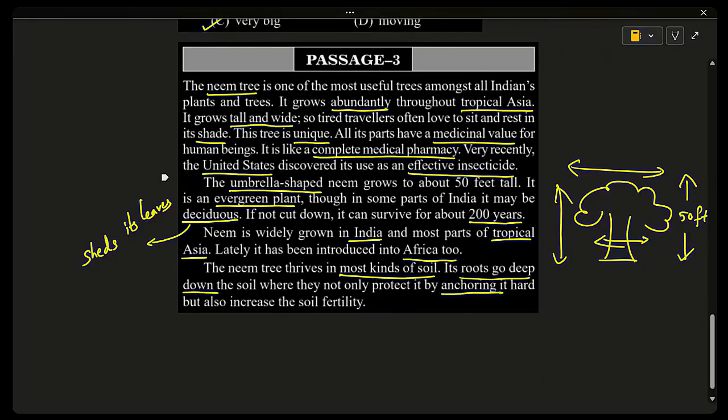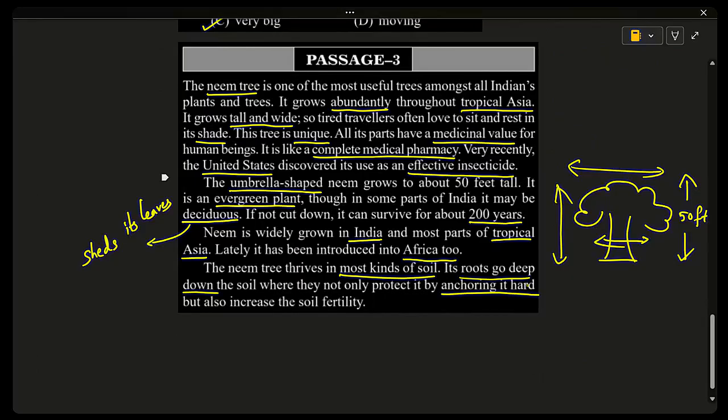Anchoring it hard means even if you want to remove the tree from that place, you cannot do that. Small trees no problem, but very big trees, if your government is planning something like a factory, school, or hospital, and for some reason you want to remove a very big and old tree, that is not as easy as what we think. Even using big machines and cranes it cannot be done.